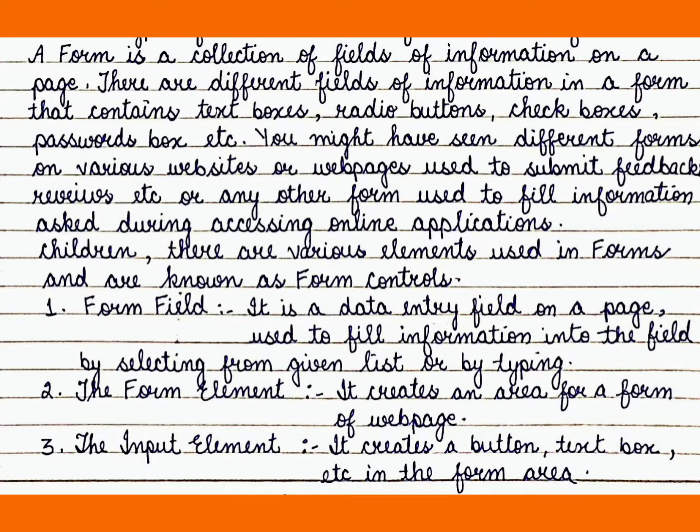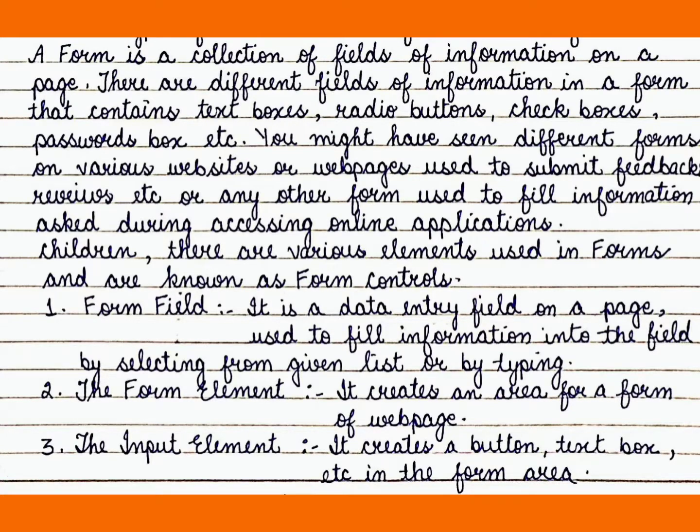There are different fields of information in a form that contain text boxes, radio buttons, check boxes, password boxes, etc. You might have seen different forms on various websites or web pages used to submit feedback, reviews, etc., or any other form used to fill information asked during accessing online applications.